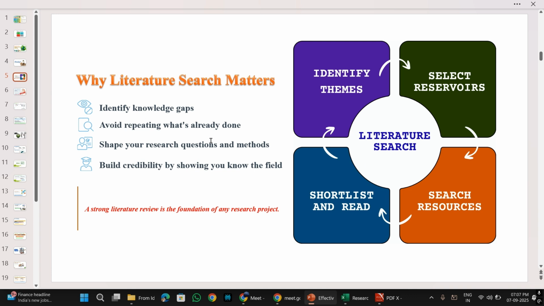Why does literature search matter? Because it helps us in identifying the research gaps. When we read a significant amount of literature and relevant literature, mind this, significant and relevant, that is when we are able to find the knowledge gap, also called the research gap.